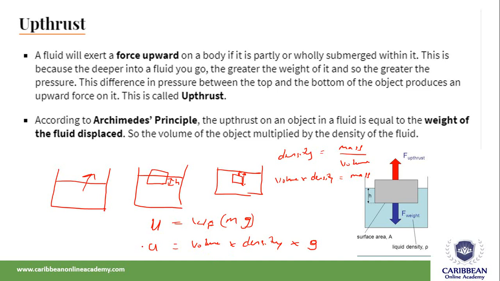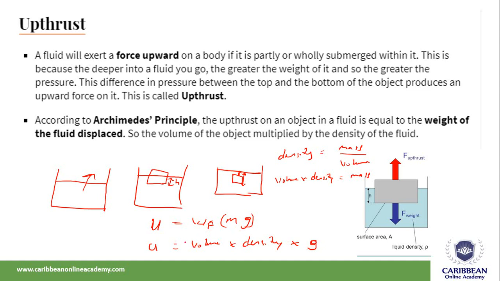tells us what the upthrust is, based on the fact that we know that weight has to do with mass times gravity, right? And in order for us to find that weight in terms of the upthrust, we would have to take into consideration what the mass really is, right? And from that, we know that the mass is equal to volume times density times gravity constant.